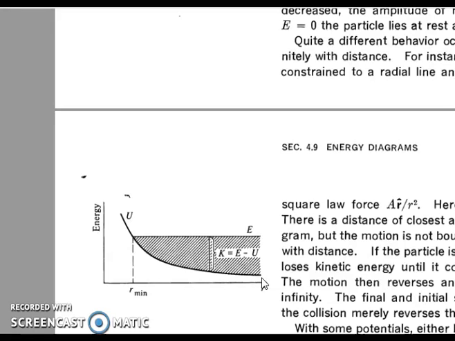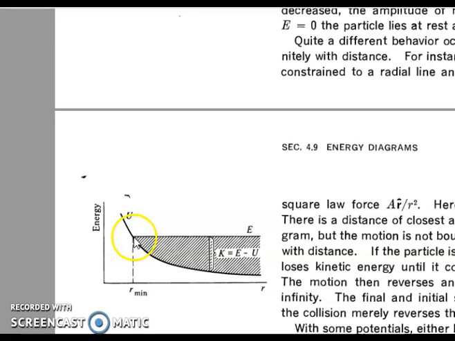When the proton gets very close to the nucleus, the potential energy becomes very large and the kinetic energy becomes very small. When it reaches a particular point, the kinetic energy becomes zero. At this point the potential energy is maximum, and further it will not get closer to the nucleus.